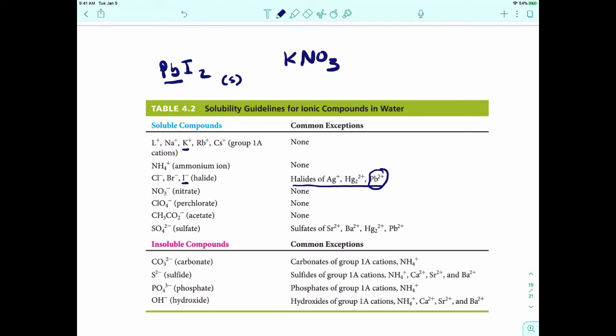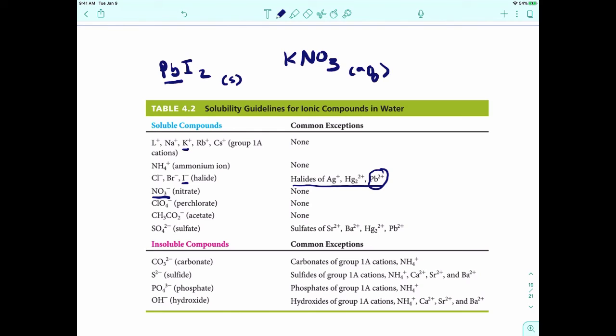K falls into our first rule. Because K is in family 1A, those are going to be soluble, and there are no exceptions to that rule. So that tells us that KNO3 should be soluble. To confirm that, nitrate ions also are soluble, and there are no exceptions to that as well. So that will be aqueous.